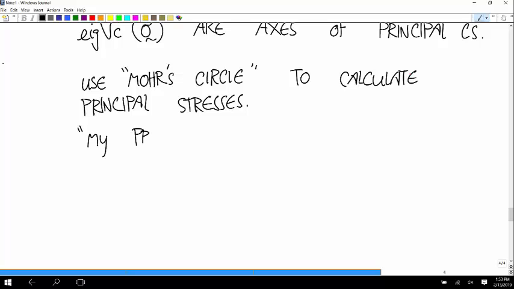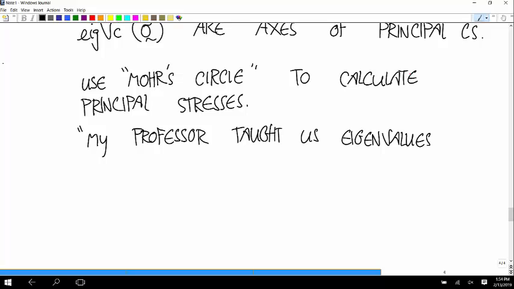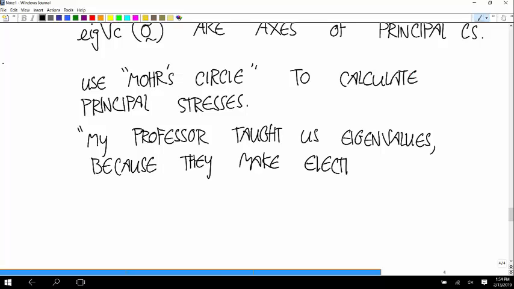My professor taught us eigenvalues because they make electronic digital calculators now.